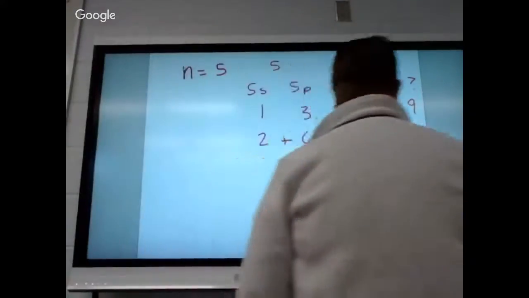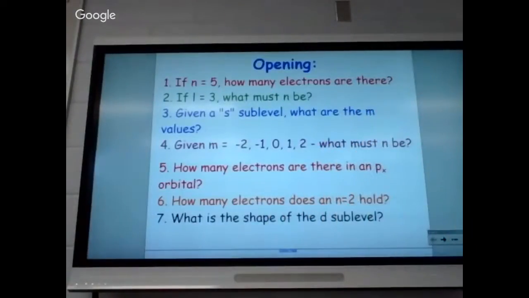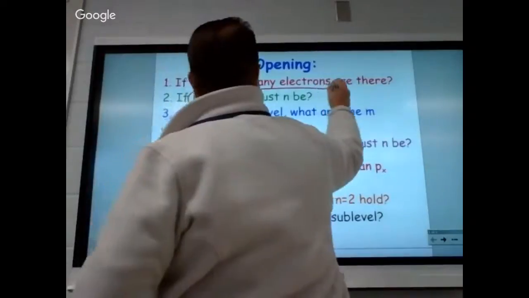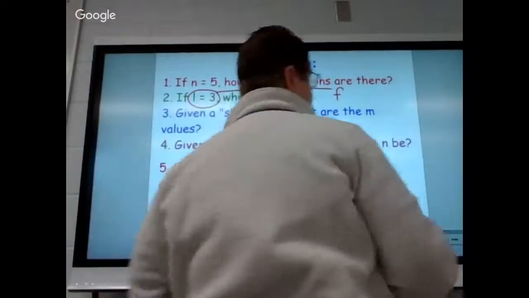All right, number 2. If L equals 3, what does n have to be as a minimum? 4. Okay, if L equals 3, what sublevel is it? It's F. That's an F sublevel.